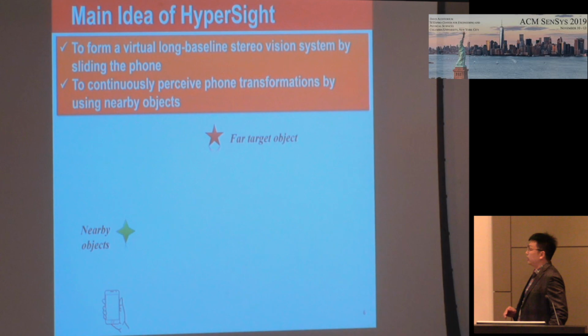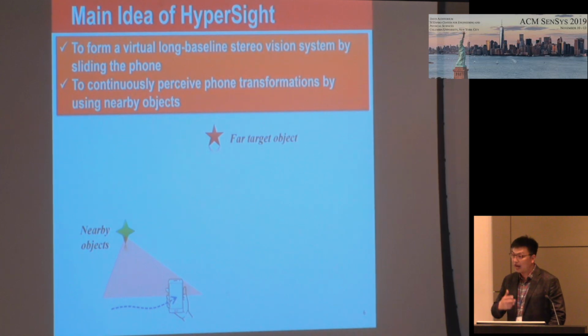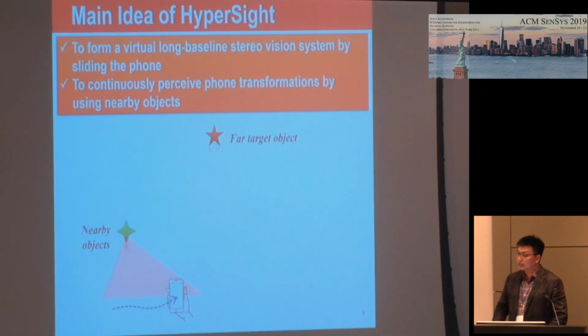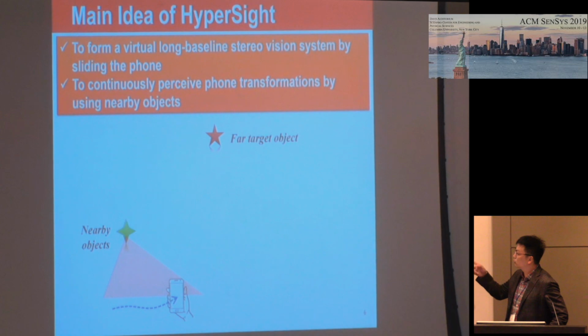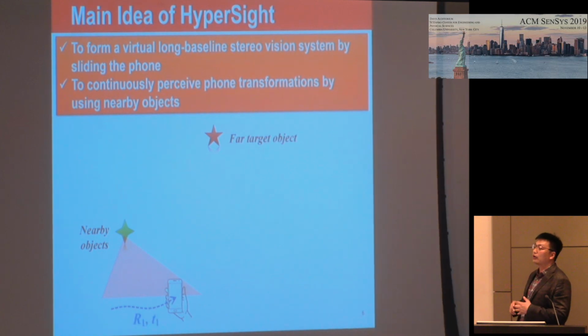You are holding your phone and you can see nearby objects, and also a target object which is very far. We are going to use the nearby object. We slide the phone, and at those two positions you will see the same nearby object. Then you can perceive the transform from one point to another.